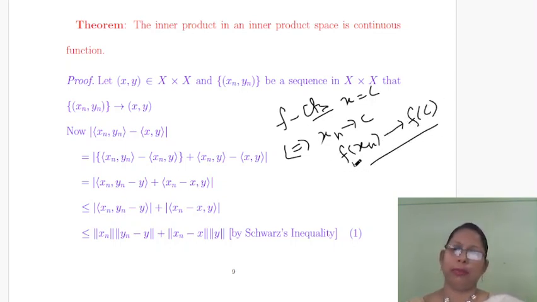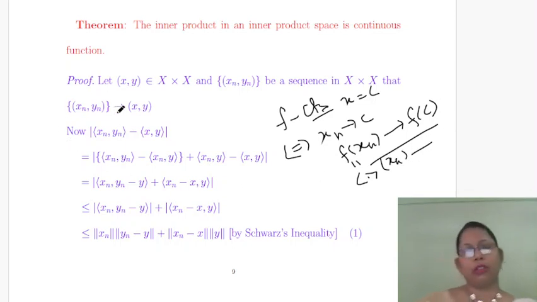So here my function is the inner product. Let (x, y) belong to X cross X, the Cartesian product of X, and let (x_n, y_n) be a sequence in X cross X such that (x_n, y_n) converges to (x, y).